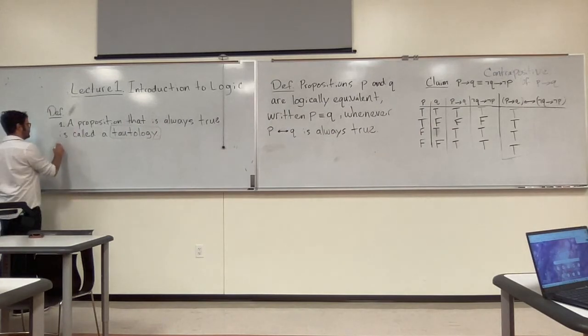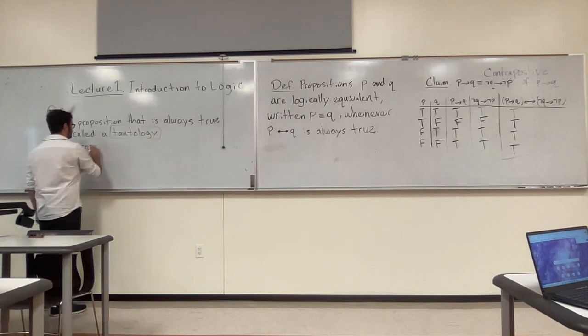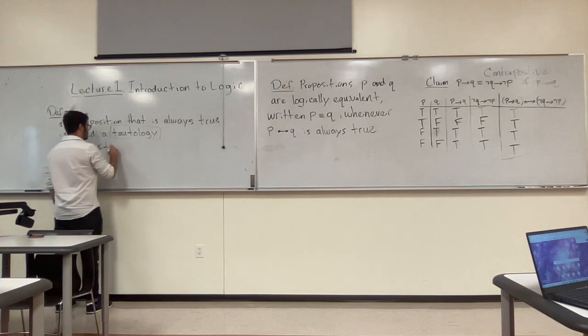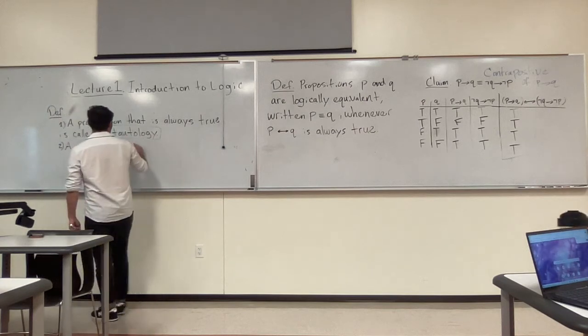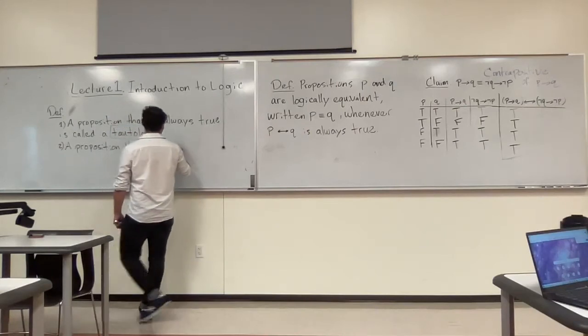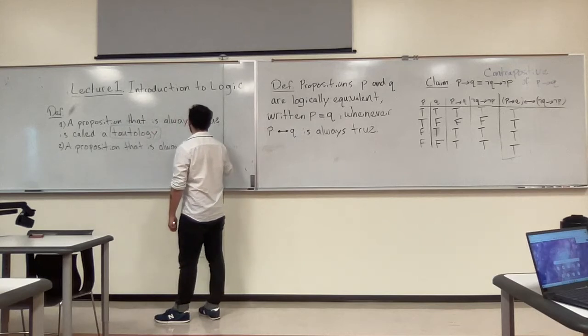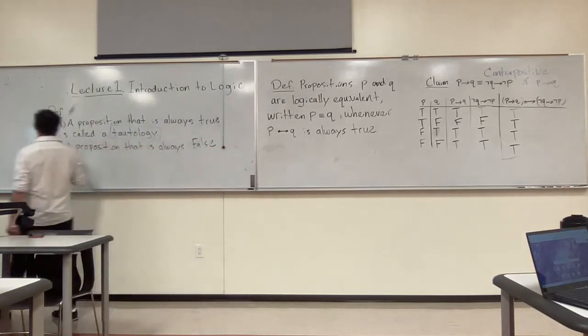A proposition that is always false is called a contradiction.